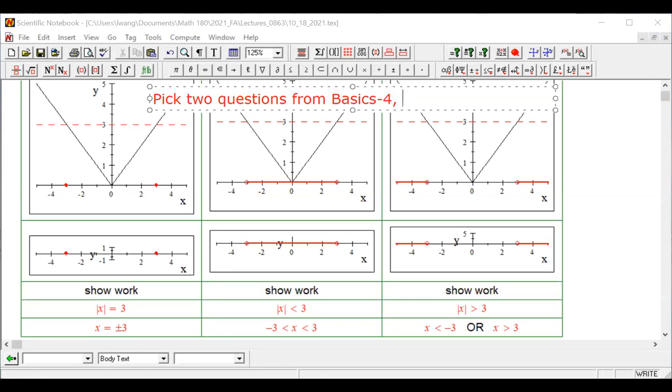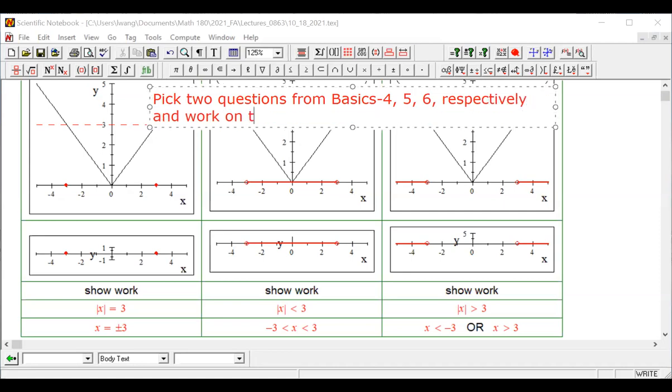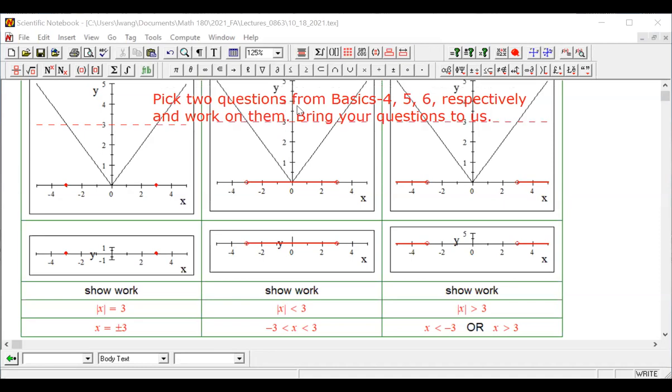I'm sorry, basic 4, 5, 6, respectively, and work on them. Bring your questions to us. Is that clear, everybody? So you choose questions arbitrarily. 10 minutes.